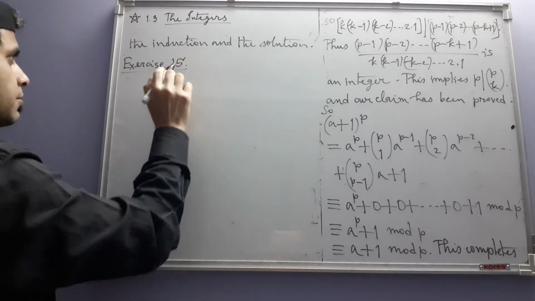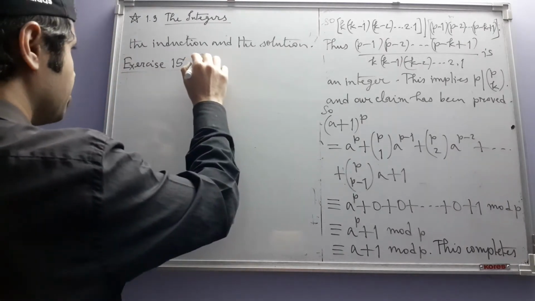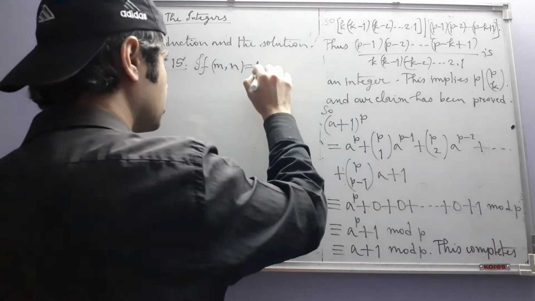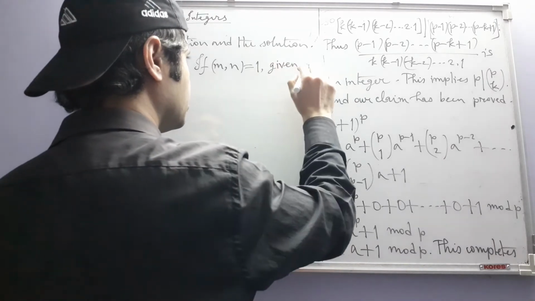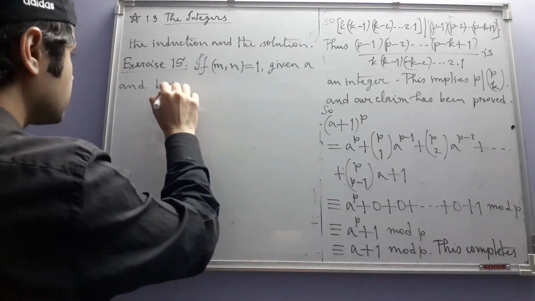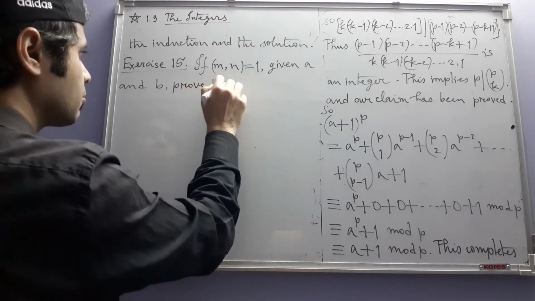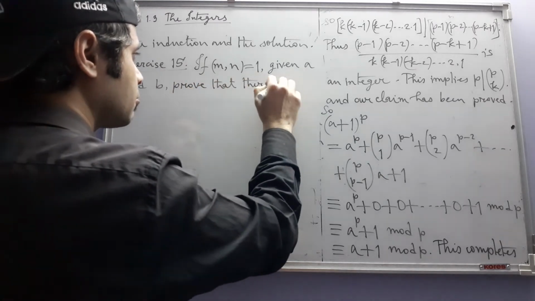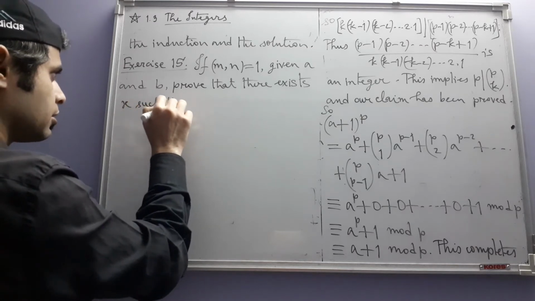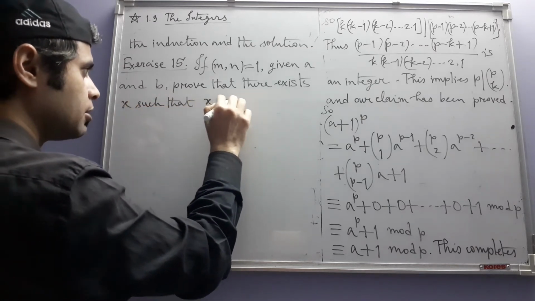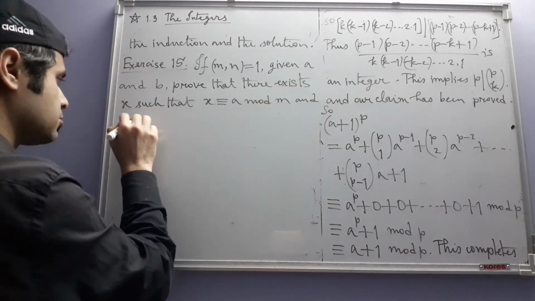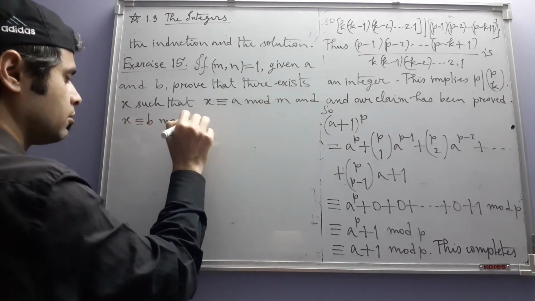Exercise 15. If m and n are integers that are relatively prime, then given again 2 integers a and b, prove that there exists an integer x such that x is congruent to a mod m and x is also congruent to b mod n.